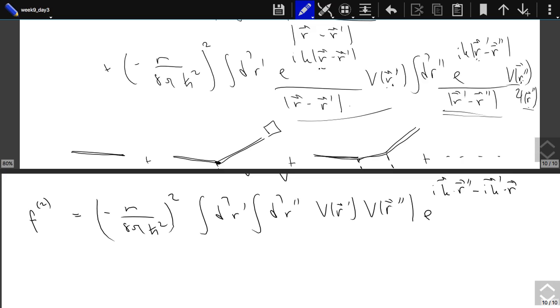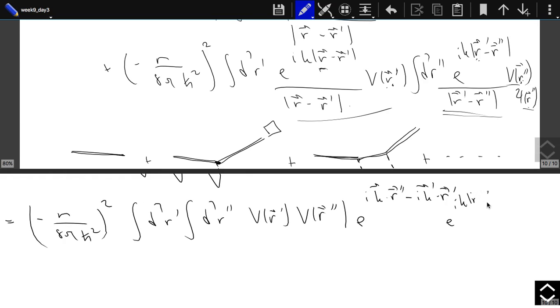From this first term, we have e to the power minus i k prime dot r prime from this exponent when we make the approximation that r is much larger than r prime. And then we have e to the power i k times the length of r prime minus r double prime, divided by the length of r prime minus r double prime.